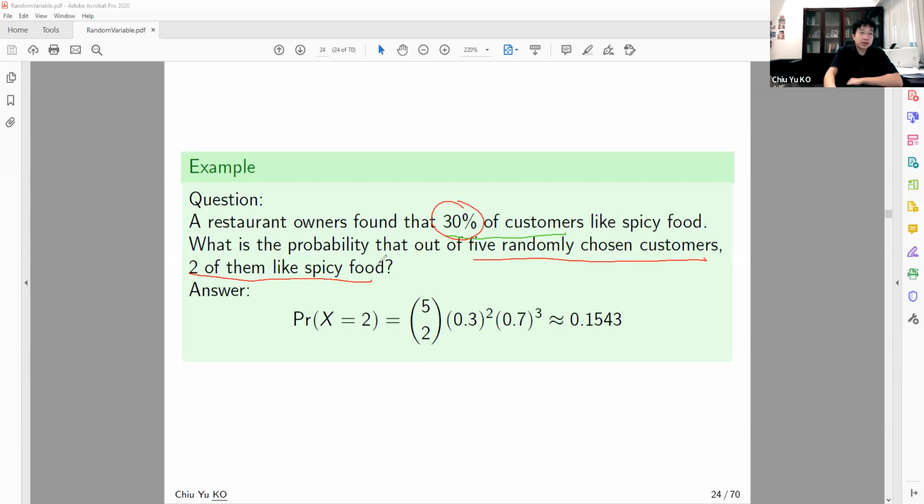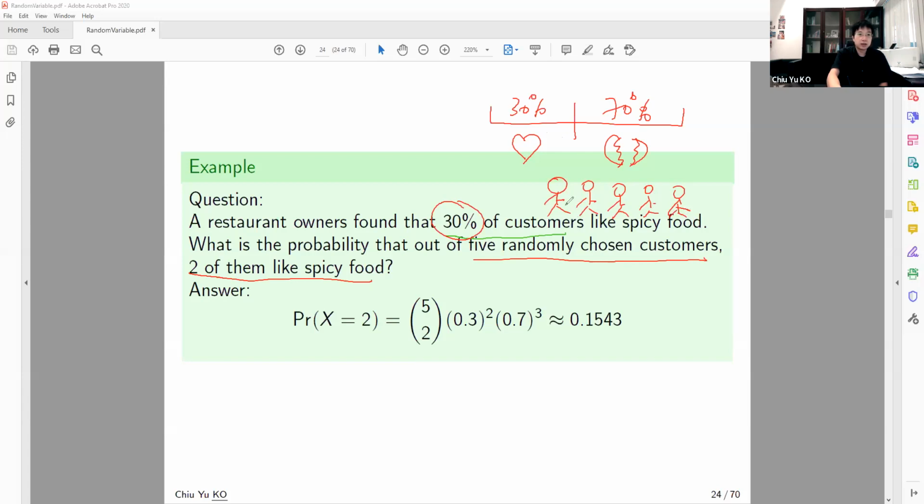With a large sample, 30% like spicy food and 70% don't. Each randomly chosen person has an equal probability: 30% like it and 70% don't.